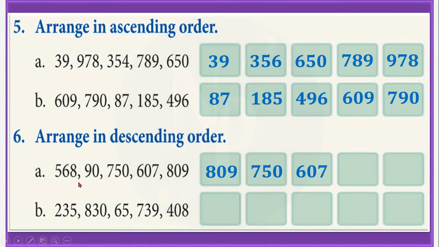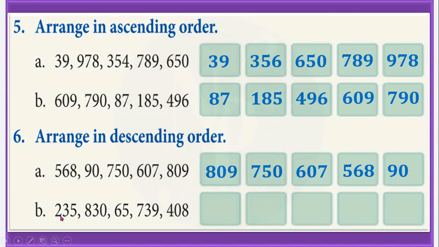And then 568 in the fourth box. And after that, the smallest number is 90, which will come to the last box here. So now we have arranged the given numbers in descending order.